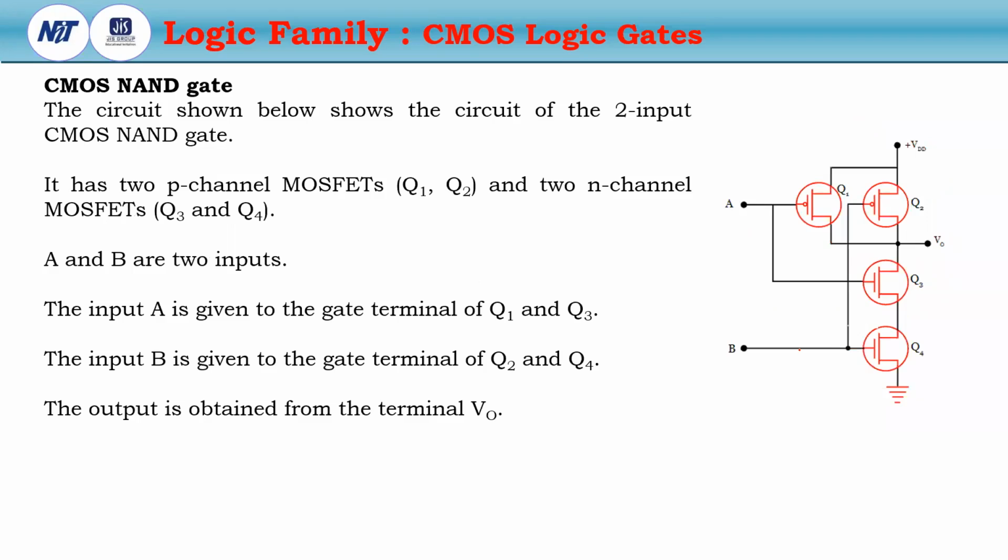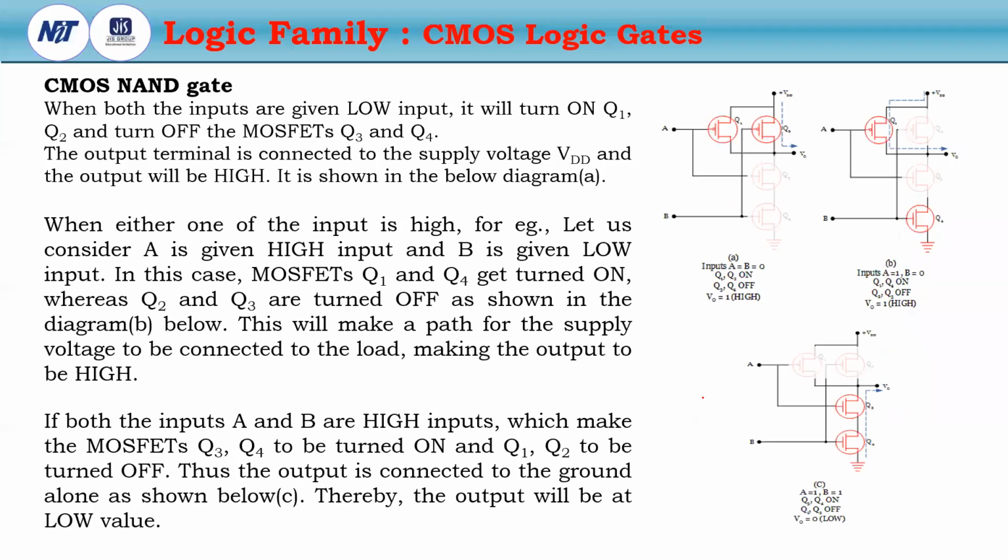Now if we come to the NAND gate. For any AND operation, the PMOS are in parallel and the NMOS are in series. Suppose A and B are both 0. Then these two PMOS, Q1 and Q2, are turned on and Q3 and Q4 are turned off.